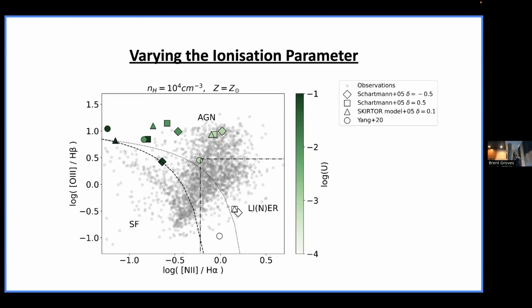You can see a similar trend as Vittorio was presenting: the higher the ionization parameter, the more of the higher ionization states your gas will be in. That means more O3, and in comparison less N2, because instead the atoms are in the N2 plus state. You can also see that most of the AGN points lie in the AGN-defined region of the BPT, even though there may be slightly more offset towards low log N2 versus H alpha.